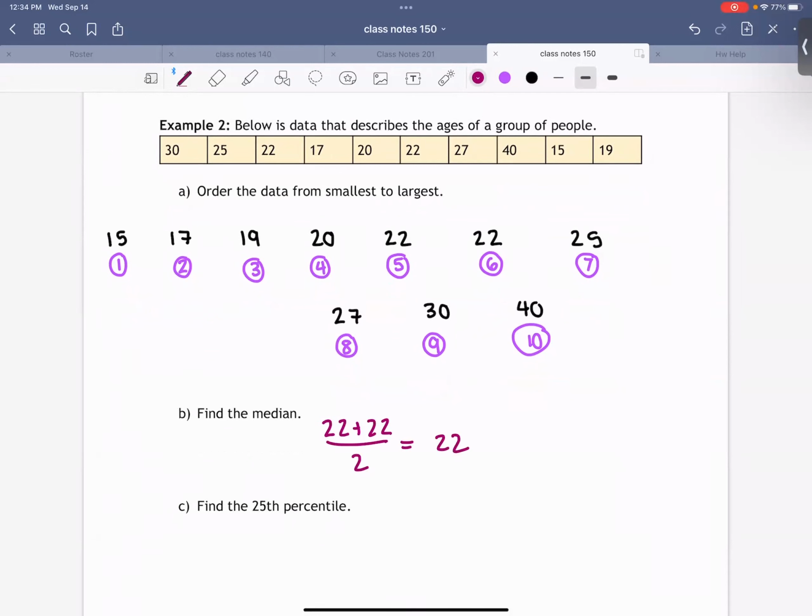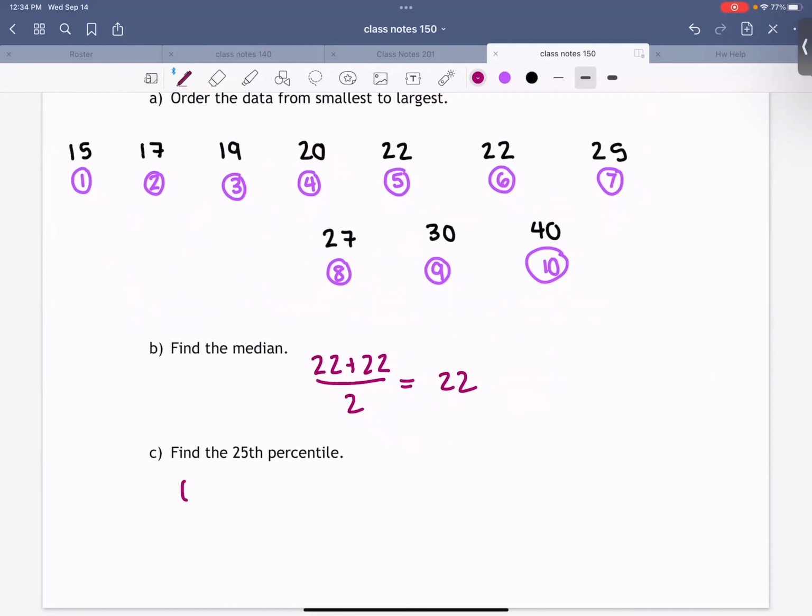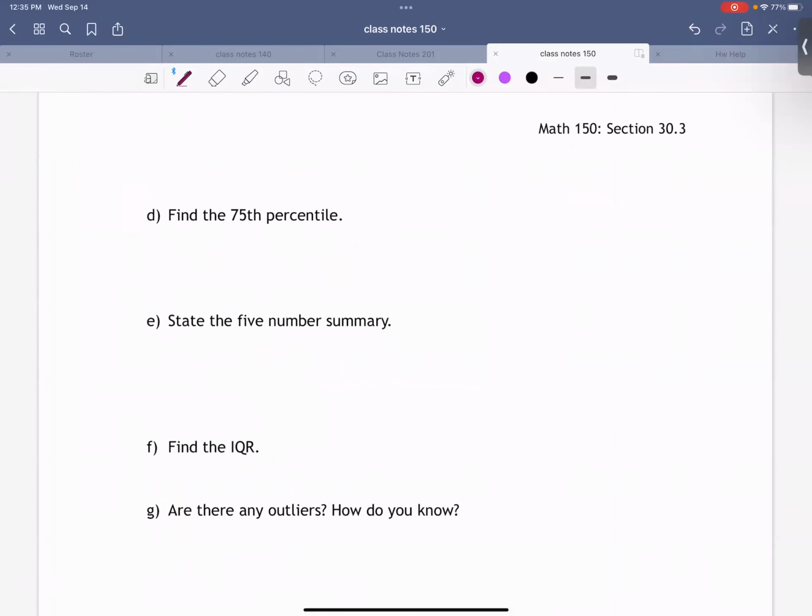To find the 25th percentile, we multiplied 0.25 by what number? 10, good, because there's 10 numbers. And we got 2.5, which rounded up to 3, right? And what was the 25th percentile? 19, good.